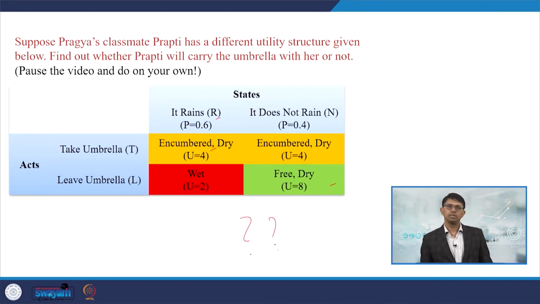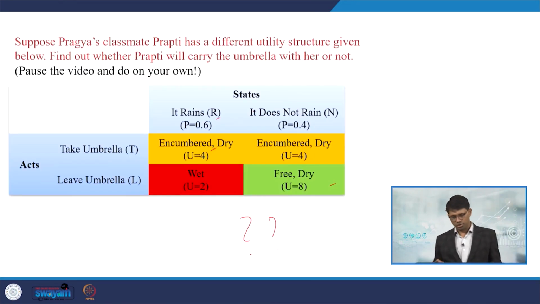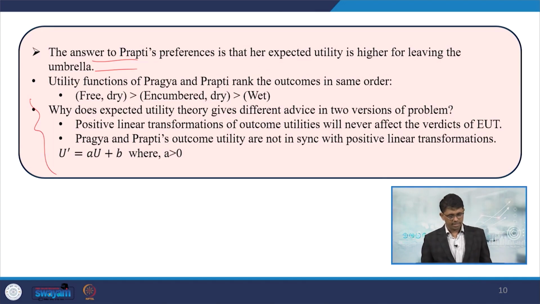You can cross-check whether you have understood or not. We are just keeping it for you to solve. So, the answer to Prapti's preference is that her expected utility is higher for leaving the umbrella. You can follow between the lines and try to understand why it is the case.